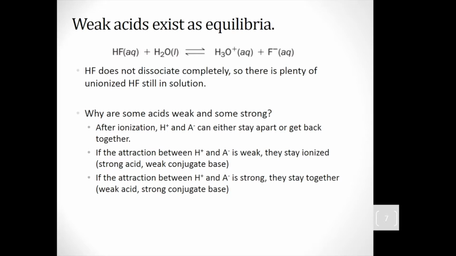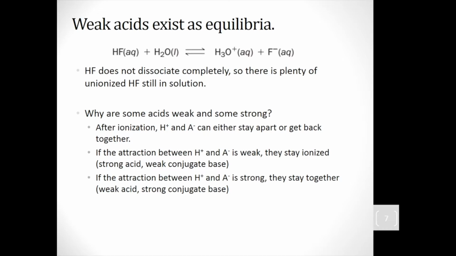If H plus and A minus don't want to get back together, they stay ionized. So getting back together really means: what is the strength of the attraction between H plus and A minus? If it's a weak attraction, there's no incentive in getting back together. They stay ionized. It is a strong acid.